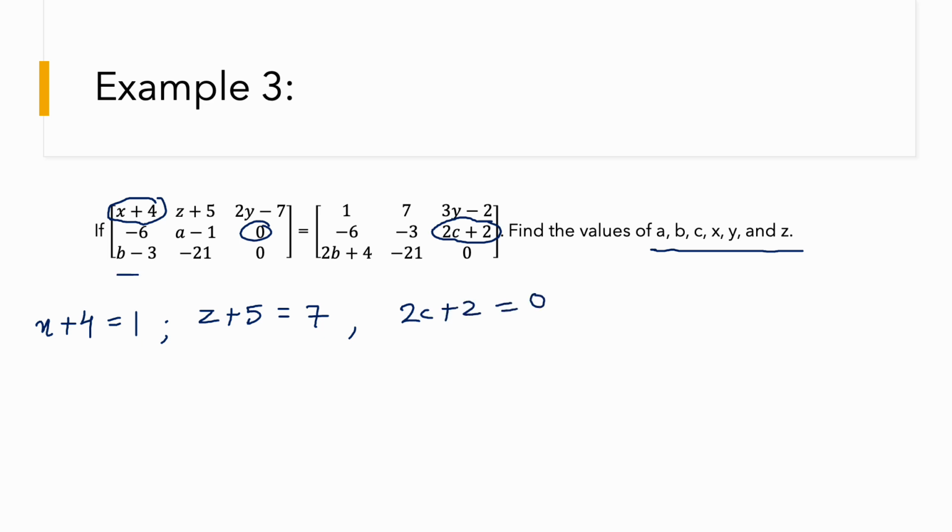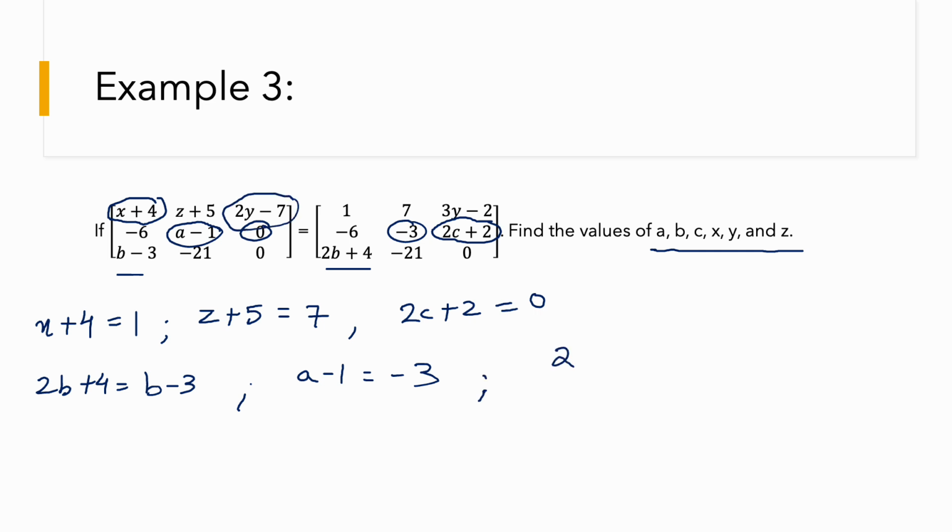Can I say b minus 3 has to be equal to 2b plus 4? 2b plus 4 is equal to b minus 3, right? Can I say this a minus 1 has to be equal to minus 3? Because the two matrices are equal. Can I say 2y minus 7 is equal to 3y minus 2? So like this, each corresponding element has to be equal, and using that I can find all the unknowns.